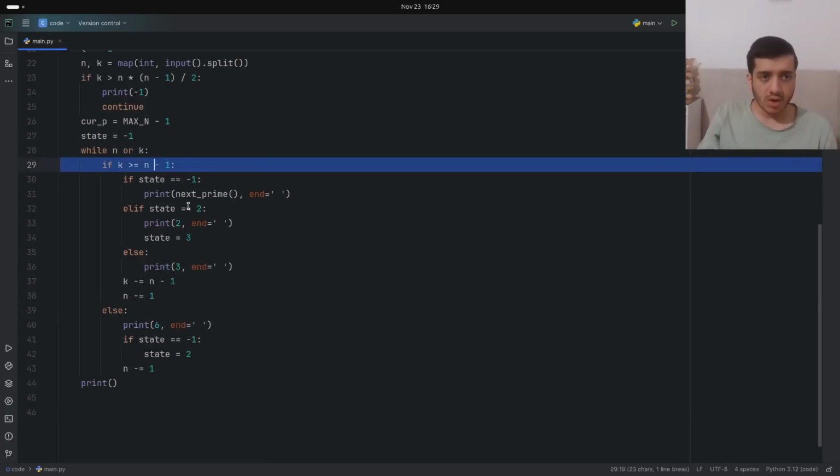So pick all means that I put some prime number here and I make sure that this is going to be coprime with everything to the right. So clearly it will decrease k by n-1 and I pass on. Otherwise I skip this position and go calculate the answer for the rest.